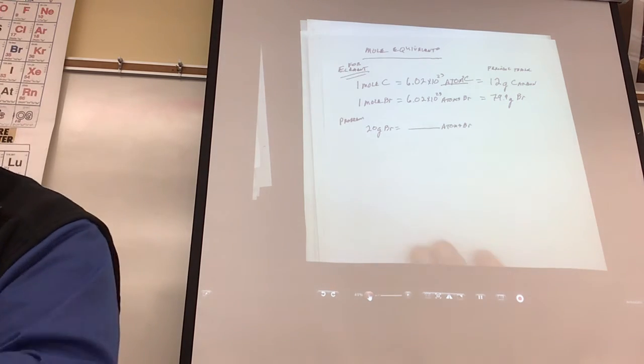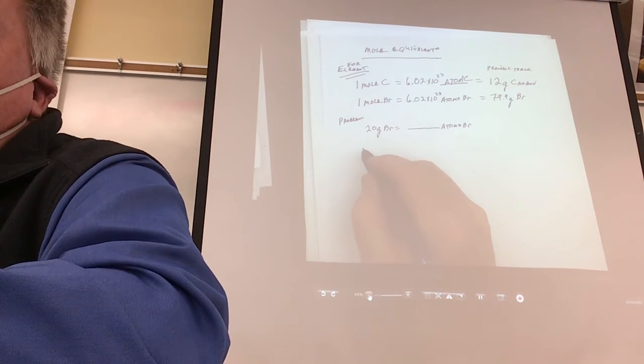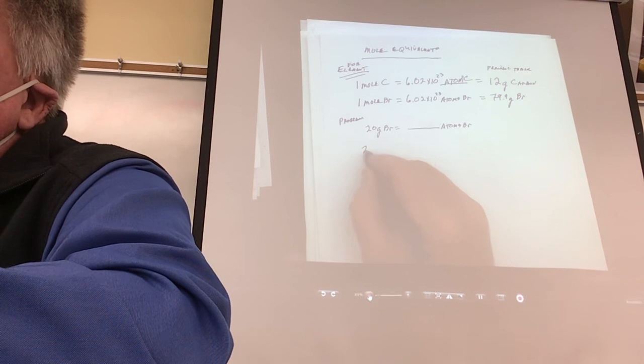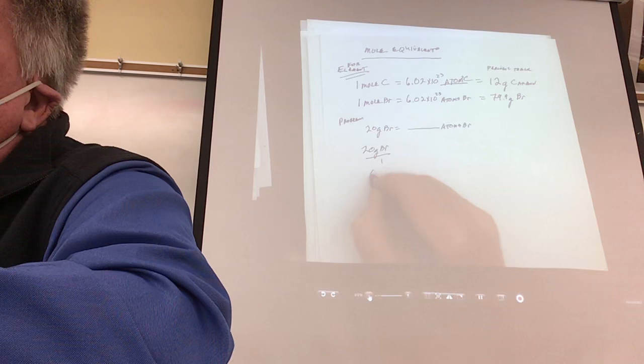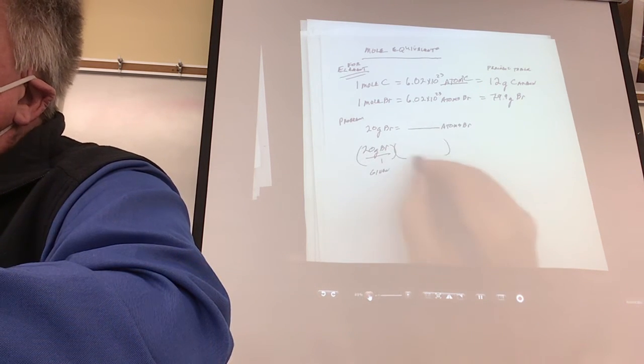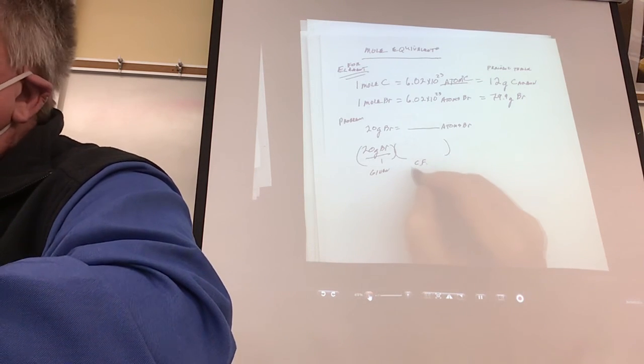All right, let's talk about factor label, okay? We're going to do a lot of factor labeling here. What was always step 1 in factor label? Always. Write the given. 20 grams of bromine. That's my given, isn't it? Now, step 2 was to multiply the given times a conversion factor.